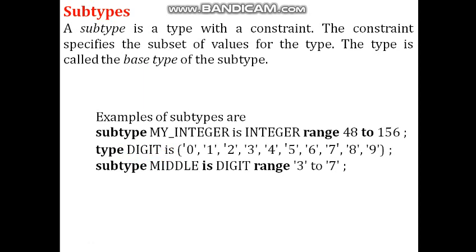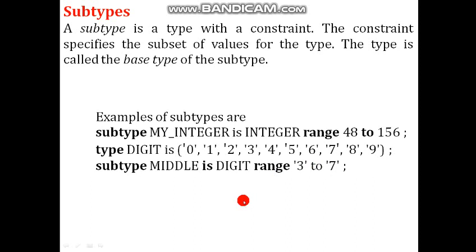The last subtype declaration declares a new subtype called middle, whose base type is digit and which has the values 3, 4, 5, 6, 7, because the range is given as 3 to 7.